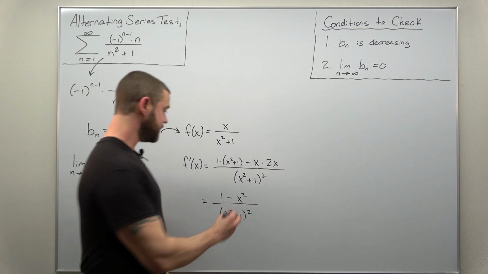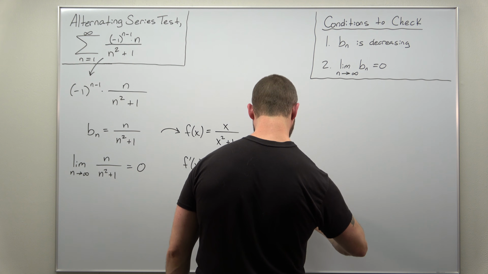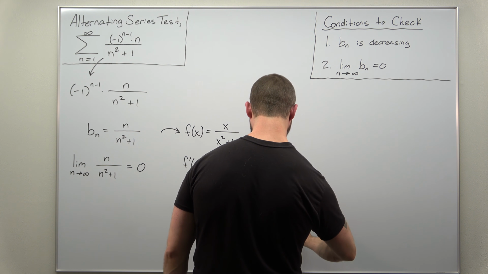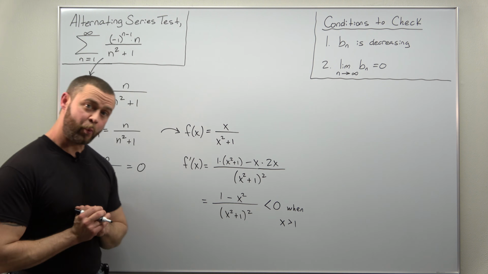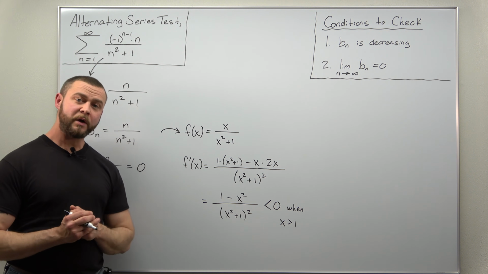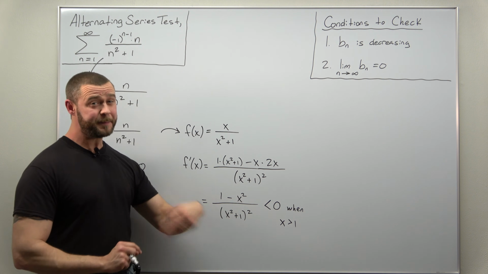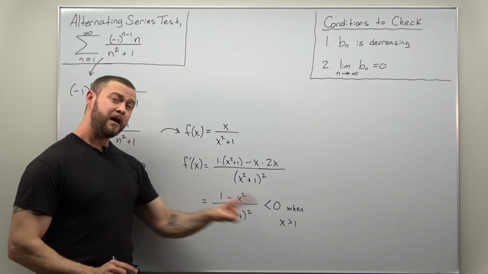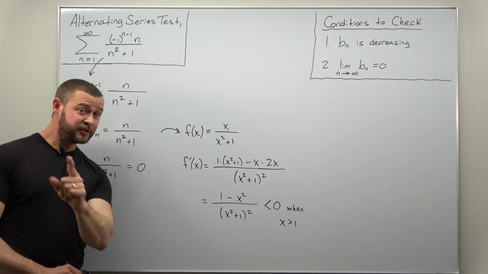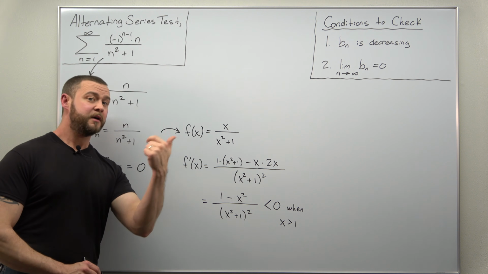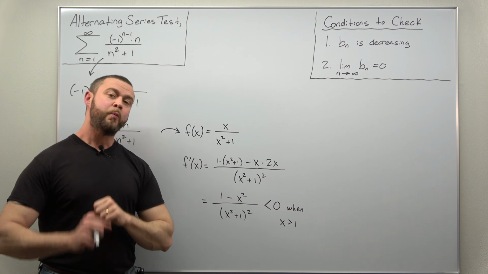So let's observe here, this is going to be negative when the value for x is greater than 1. And keep in mind that x typically can be any real number, but our variable n is going to count discrete integer values, 1, 2, etc. So the first positive integer bigger than 1 will be 2.